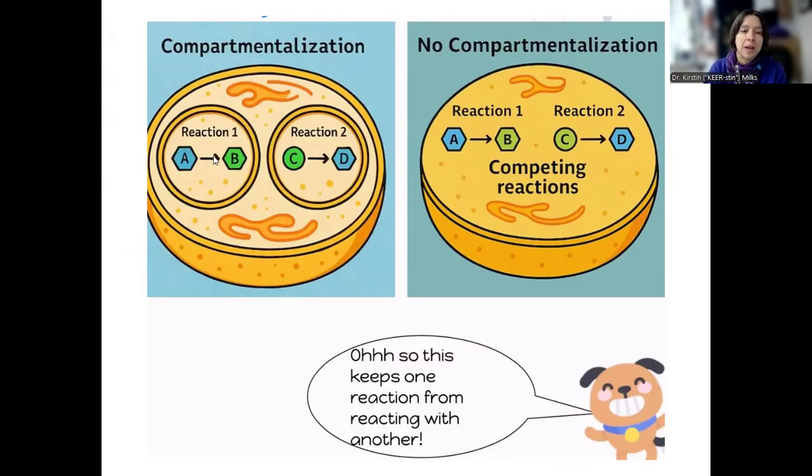For example, let's say that you are trying to make A into B here, and you're trying to make C into D because you need D for whatever it is you're going to be doing. If they were all just floating around, that means that some of your D would then become B. So this idea about helping reactions not cross-react with each other, have the products accidentally become the reactants of another one, is really important.